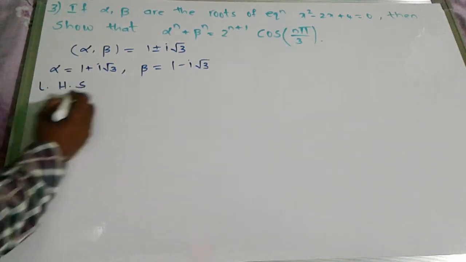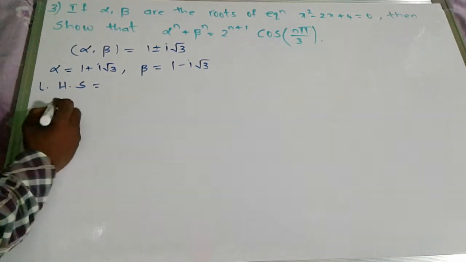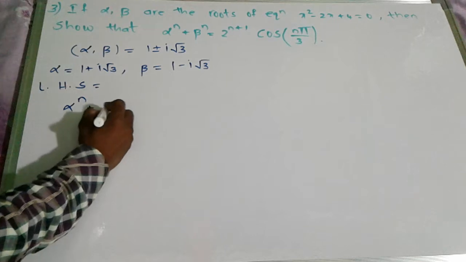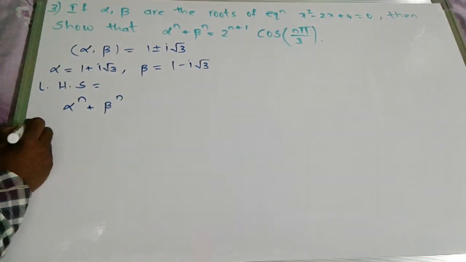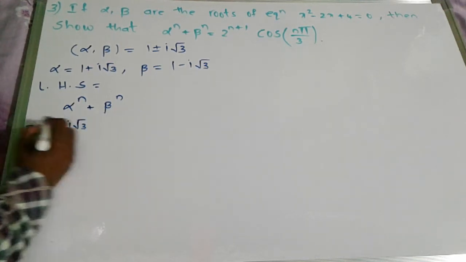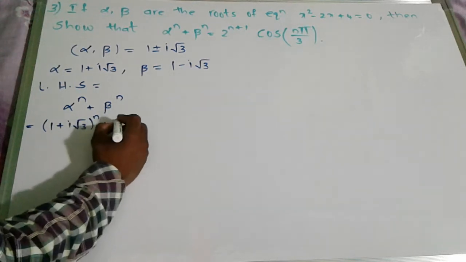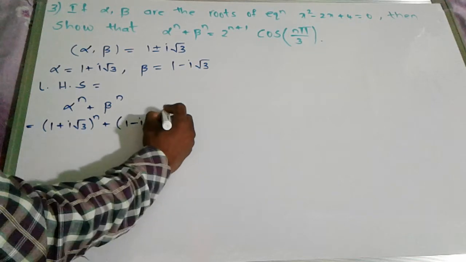LHS equals alpha whole power n plus beta whole power n, right? And we got alpha value 1 plus i root 3 whole power n and beta value 1 minus i root 3 whole power n.